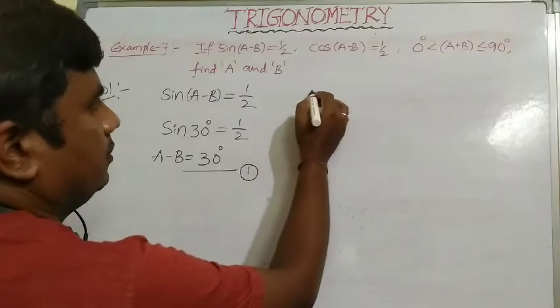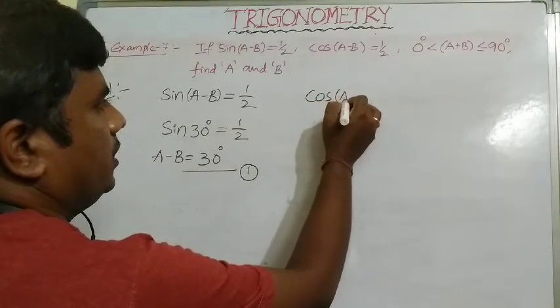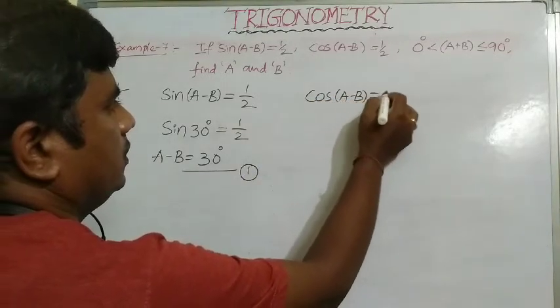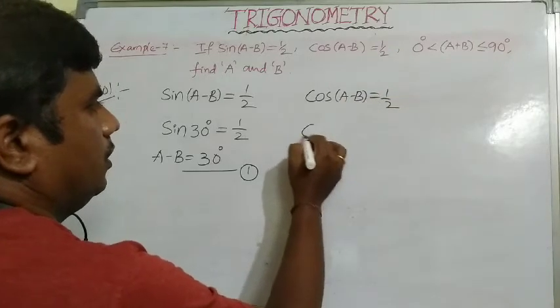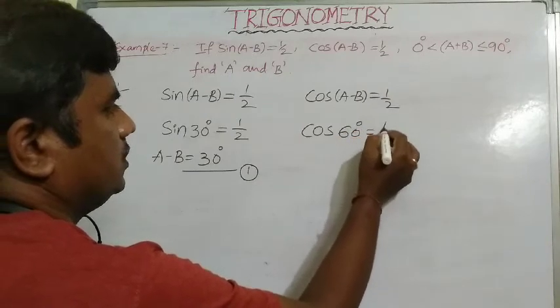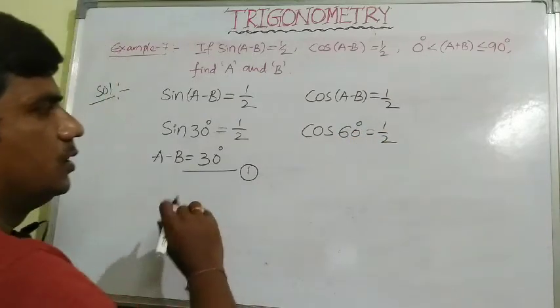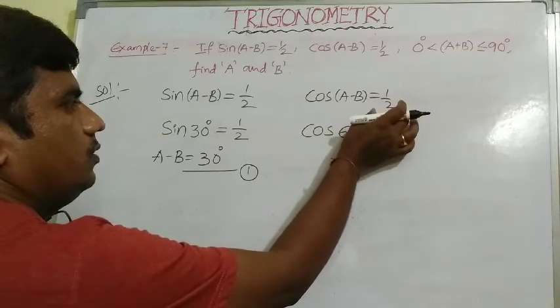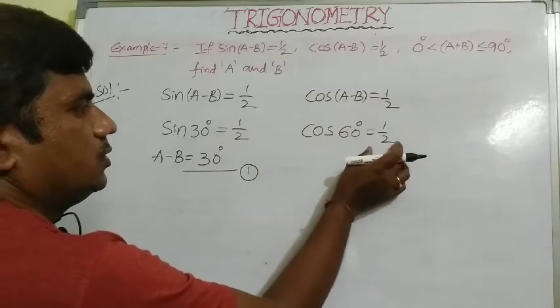Next, cos(a plus b) value is given, that is 1 by 2. But already we know cos 60 degrees equals 1 by 2. So cos(a plus b) is 1 by 2, and cos 60 is also 1 by 2.